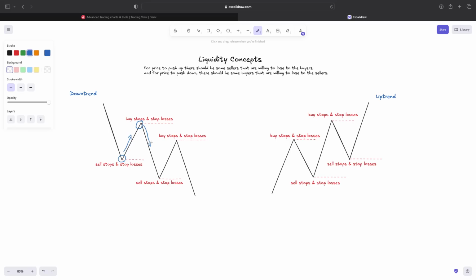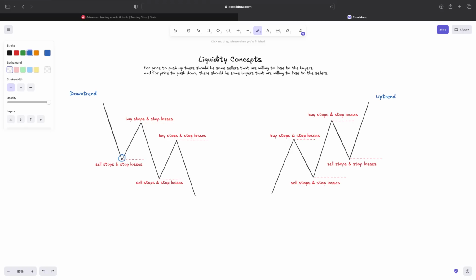Whenever these people are buying and selling, we need to understand where they place their stop losses. Obviously, the people that are buying will be placing their stop losses below the low. And the people that are selling will put their stop losses above the high.